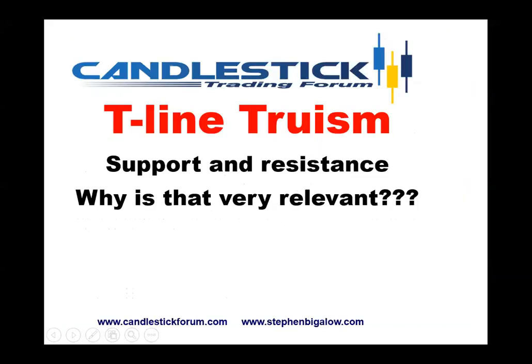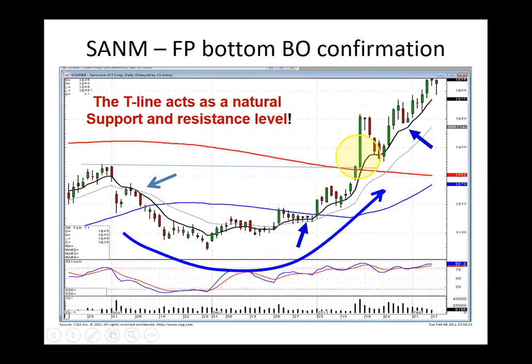But the magic of candlestick analysis, I shouldn't use the word magic, the logic of candlestick analysis is that the T-line acts like support and resistance, at a level that nobody has on their chart.